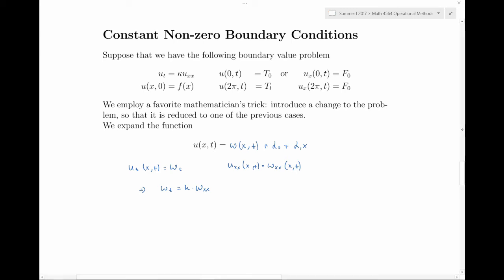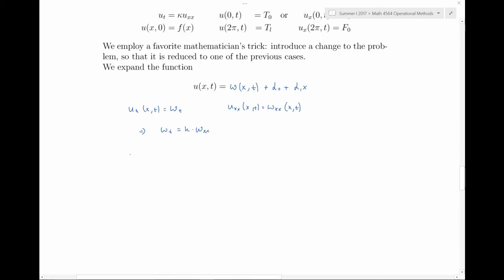Now, what should be the boundary conditions? In the first case, when we have non-zero temperatures at both ends, we get that u of 0,t is T naught. It means that w at 0,t plus alpha naught plus alpha 1 times 0 should be T naught.